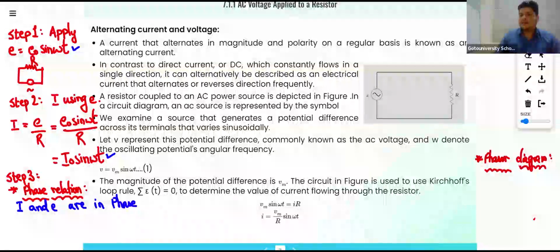In the phasor diagram, what will happen? Current and EMF will be in phase. If this is current, and if I am representing EMF by this blue one, they both are in phase.